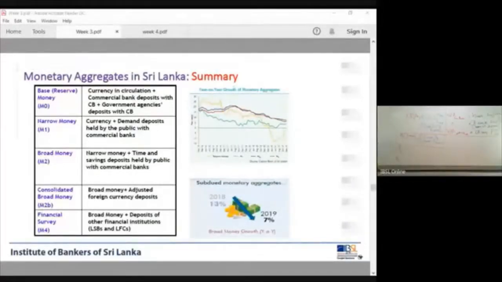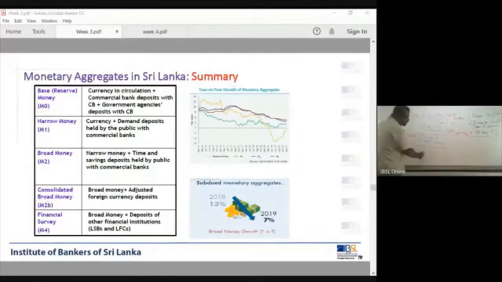So how do you calculate M2B? That's basically M1 plus time and savings deposits, TSD, because demand deposits are already captured.